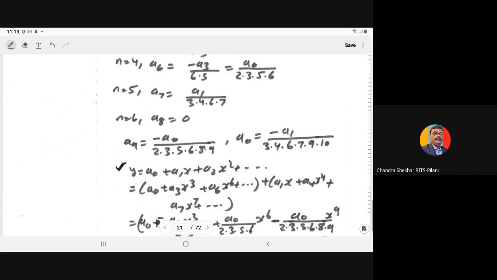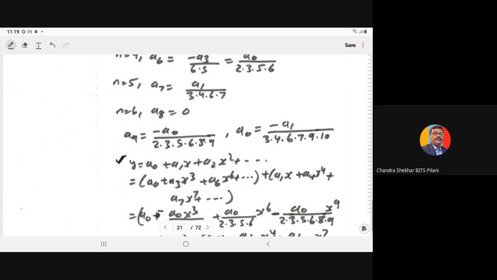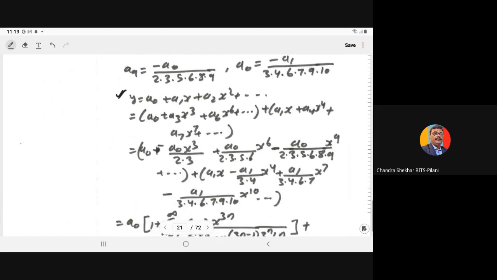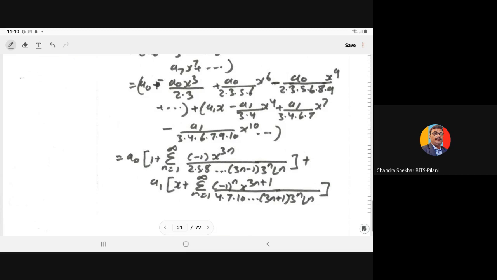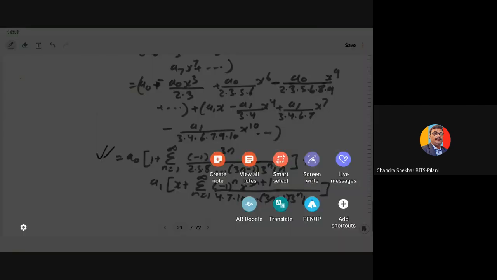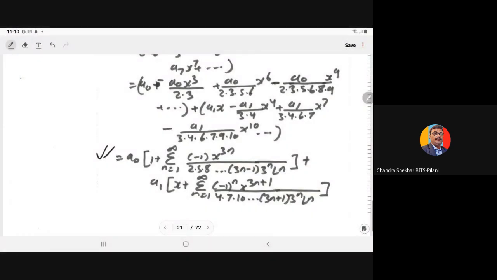Here you can see that the 0th, 3rd, 6th, 9th terms are in terms of a naught, and a1, a4, a7 are in terms of a1. So just collect those, and you can write your series in this form: a naught into y1 plus a1 into y2.